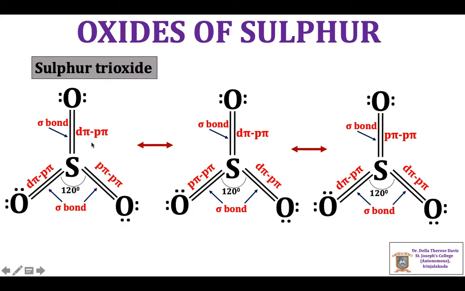The sp2 hybridized orbitals of sulfur overlap with oxygen to form the sigma bonds. So each hybridized orbital containing 1 electron overlaps with the 2p orbital of oxygen containing 1 electron and forms sigma bonds. These bonds are arranged in trigonal planar fashion with a bond angle of 120 degree.